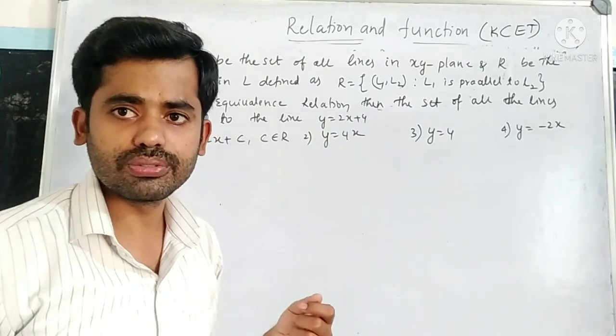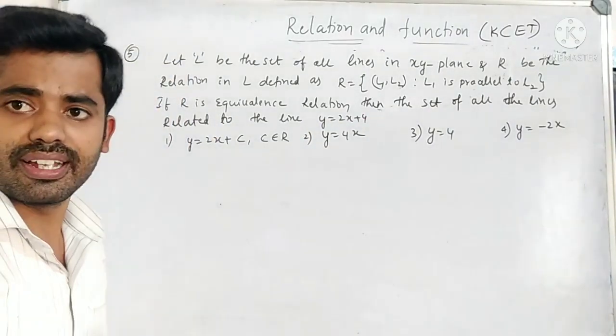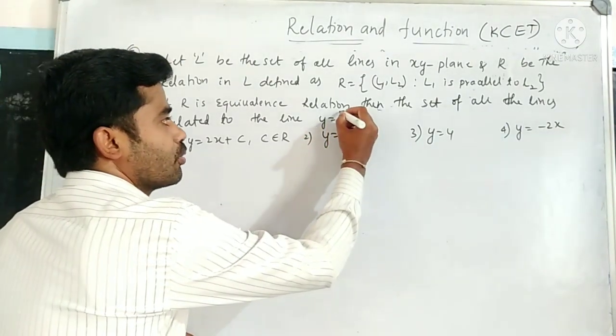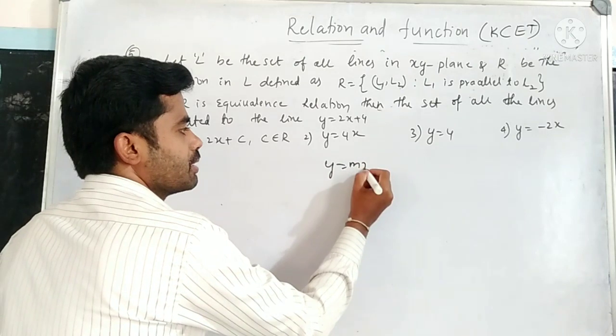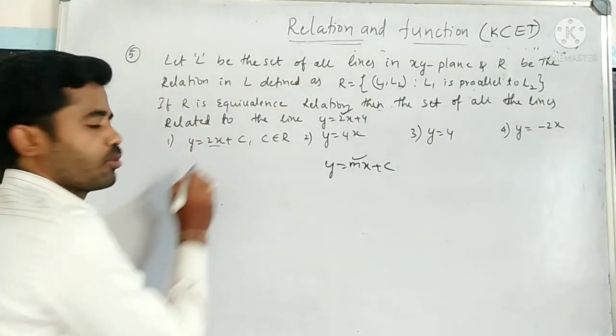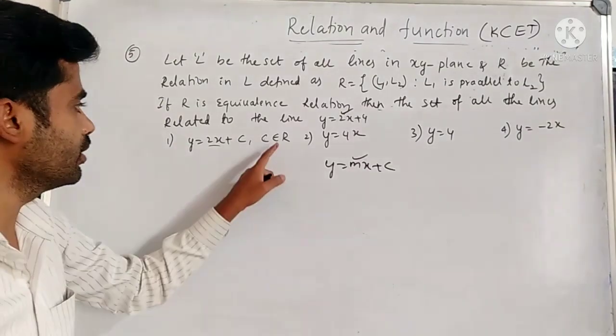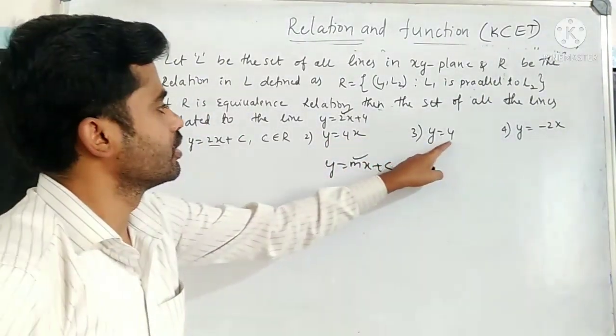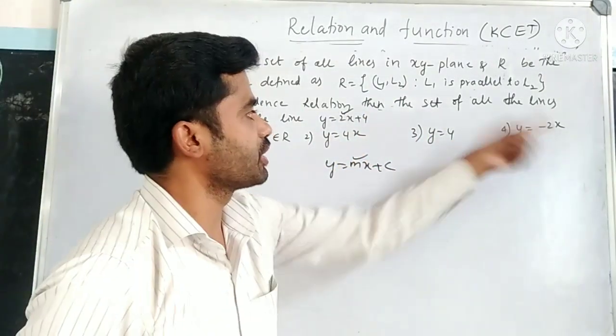Which are those? Parallel lines have the same slope. Hence, in y equals mx plus c, the slope should be the same. Yes, this slope is the same. Here it is 4x, it is not. Here minus 2 is there.